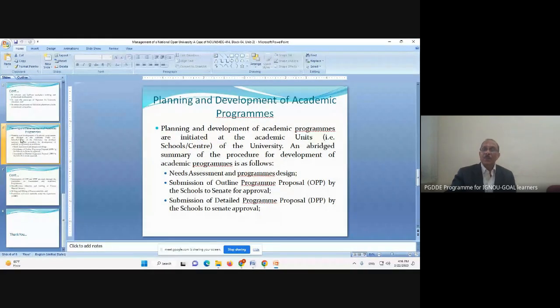And the planning and development of academic programs. I think the academic programs are initiated at the academic units, schools, and a summary of procedure: needs assessment. Yeah, I think they conducted a needs assessment of what programs are needed in the country, and submission of an outline program proposal by schools. They have more or less the same structures as IGNO, the process is also similar.